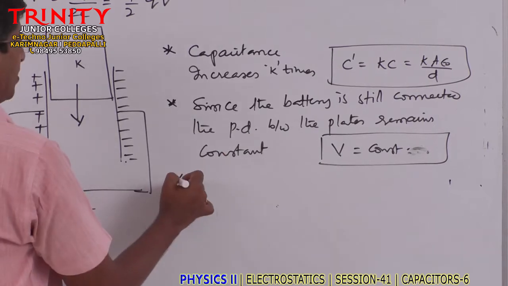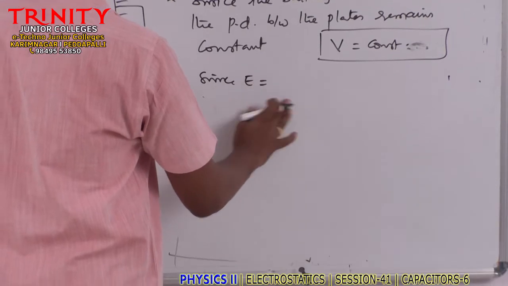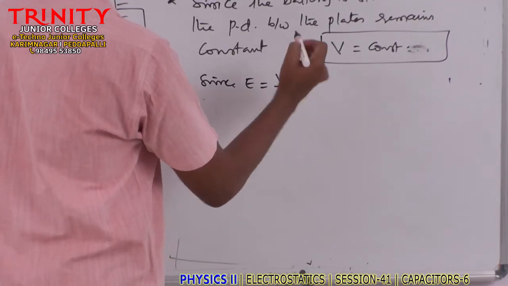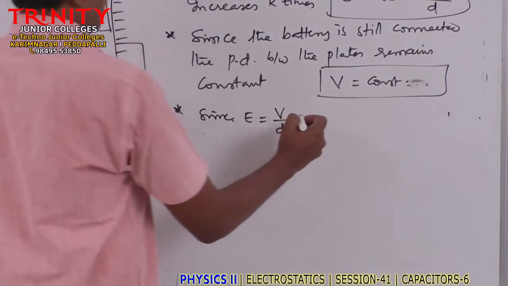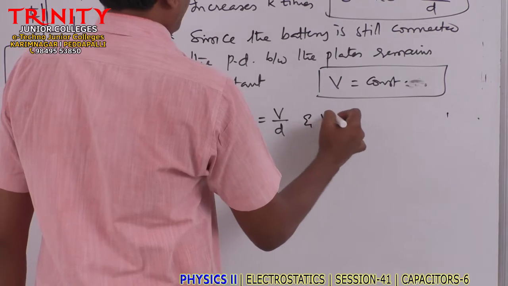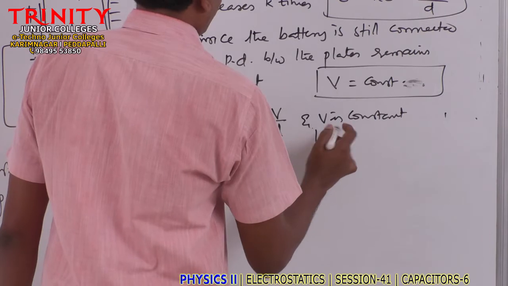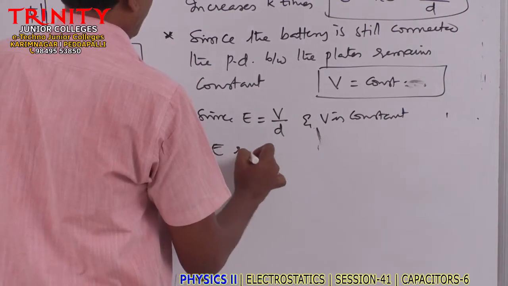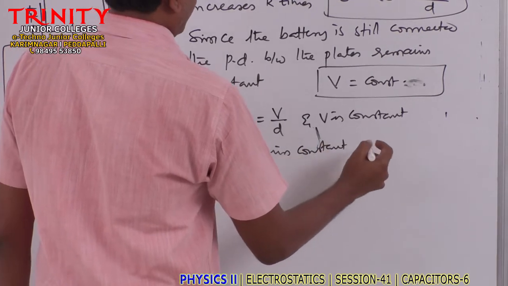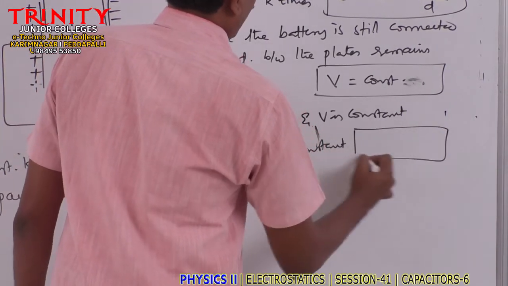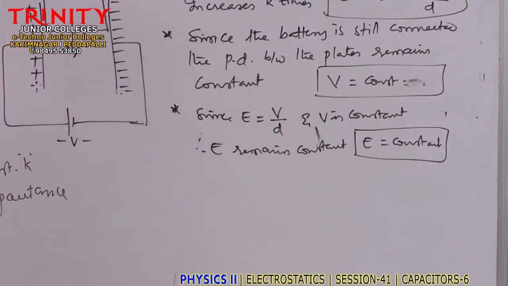When V does not change, since E equals V by d, the basic formula between E and V, and V is constant, therefore E does not change. E remains constant, right?